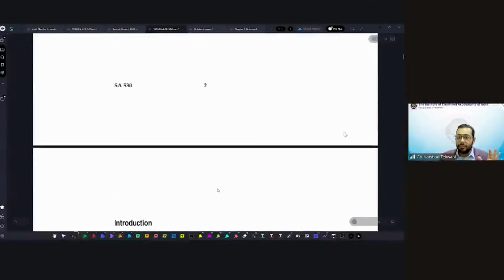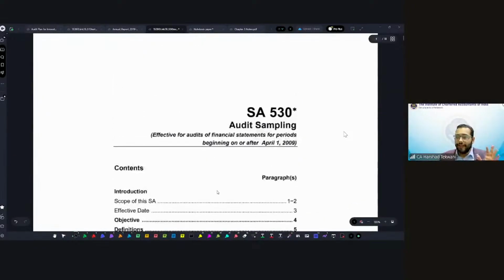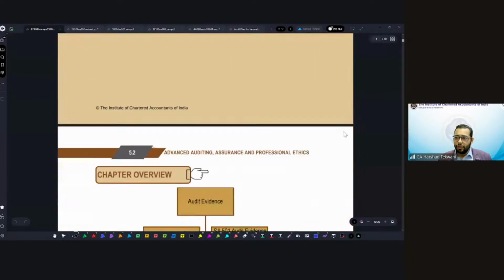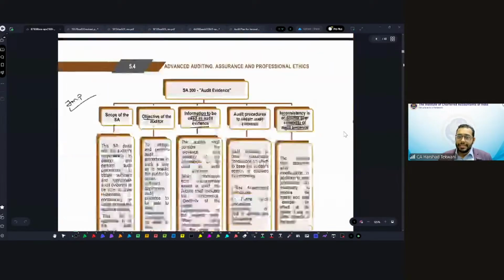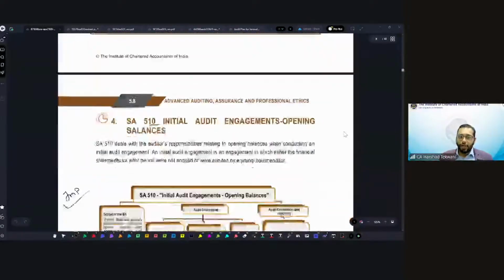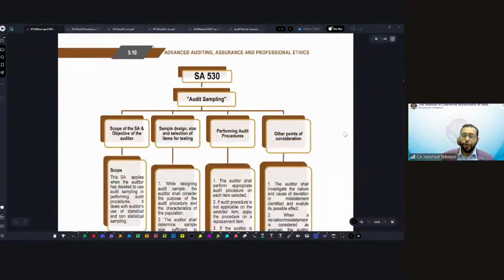Any doubt with respect to SA 530 audit sampling? So this is the module, sir, you are reading? This is the bare text of the standard. Okay, sir. Because I also have the module, but it is not showing what you're reading. So in your module, I'll take you to the study material. Study material has a wonderful chart on SA 530 for quick revision.